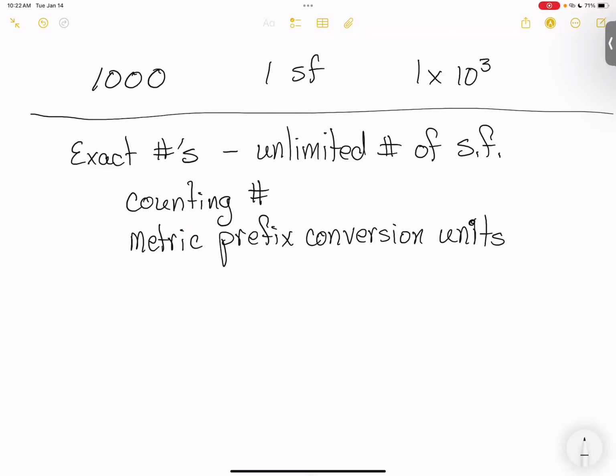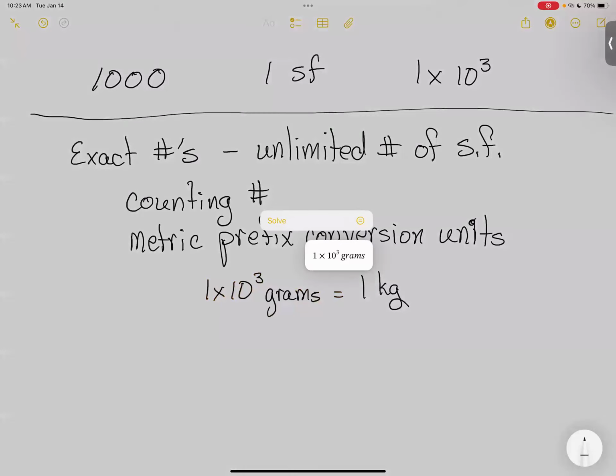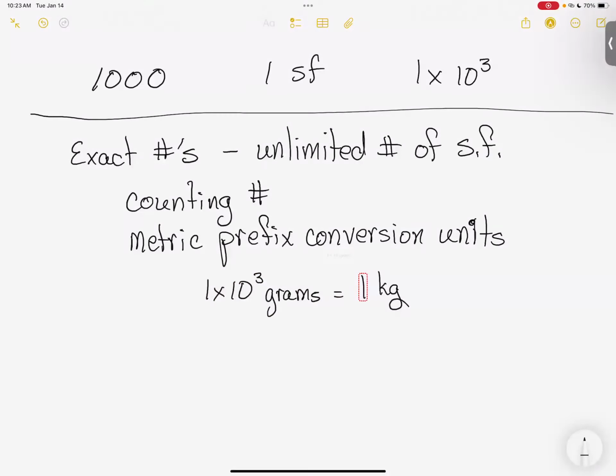Yes, a mole can be an exact number depending upon how it's set up, and I'll explain that in a minute. Metric prefix includes 1 times 10 to the third grams, let's say, is equal to 1 kilogram. Both sides of that are exact numbers.